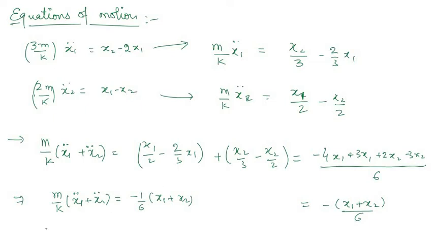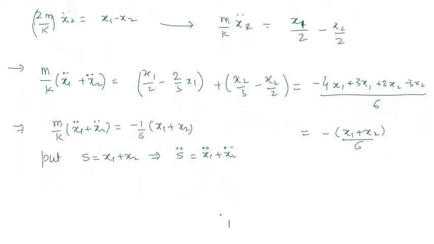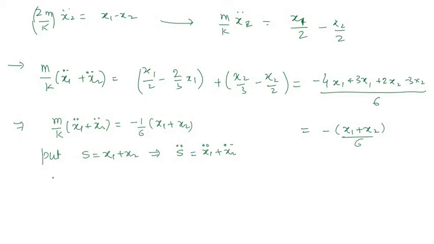So now let us define a new coordinate. Let us substitute s is equal to x1 plus x2. This implies that s double dot is equal to x1 double dot plus x2 double dot. So this equation will become m by k s double dot plus 1 by 6 s is equal to 0.